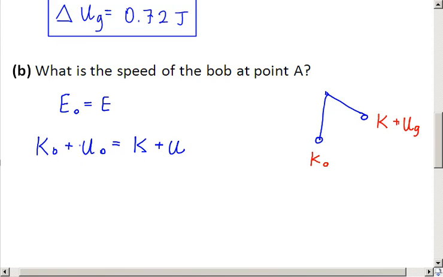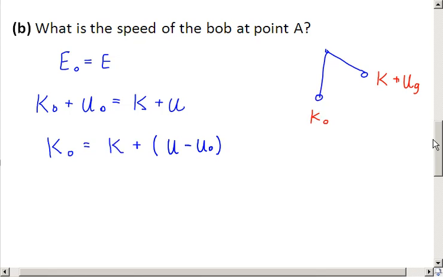So couldn't I just subtract U naught from both sides and get a delta U in my equation? So I've got K plus U minus U naught, which will be my delta U.